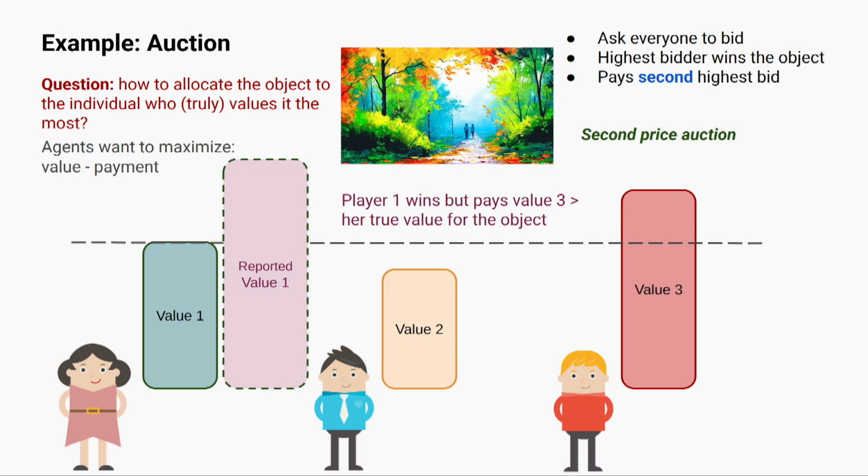Here we are paying the second highest, since this is a second price auction. There is also a first price auction. The analysis is not as straightforward as this one, but you can argue that there also you can come up with a weaker equilibrium guarantee, where people will reveal their bids, which is not exactly their valuation, something else.